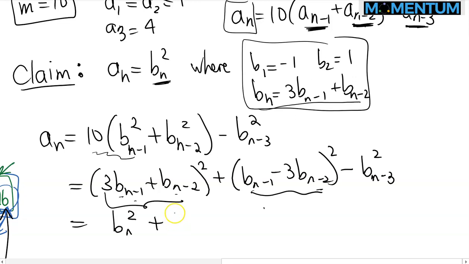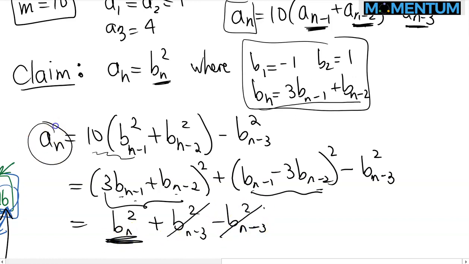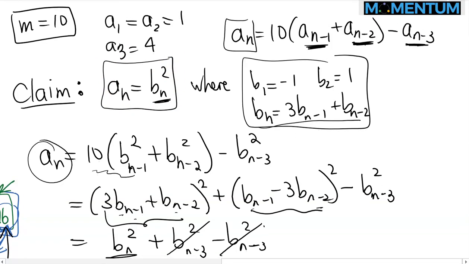So b sub n minus 3 squared minus b sub n minus 3 squared. Aha, those two cancel, and again, I'm left with b sub n squared, which is equal to a sub n, and that proves the validity of this claim.